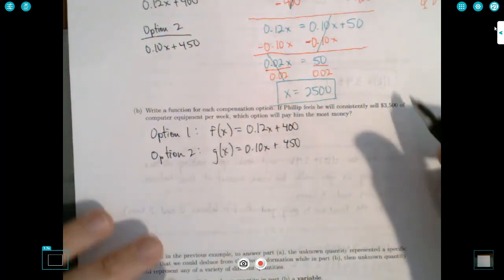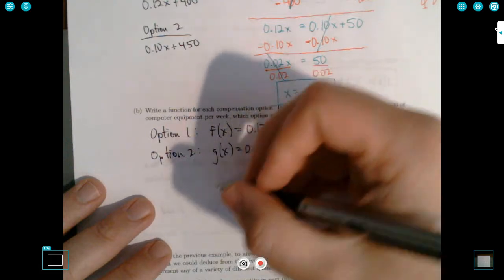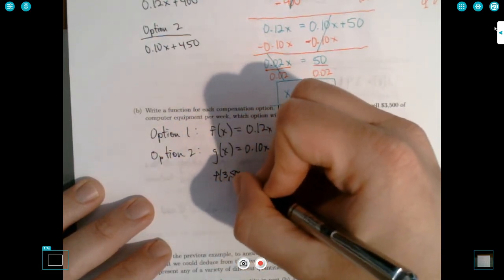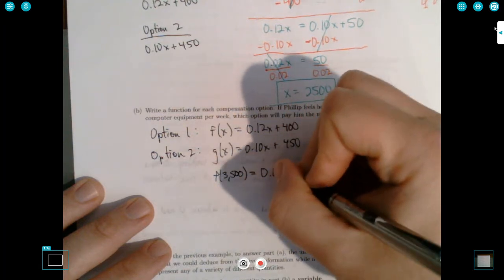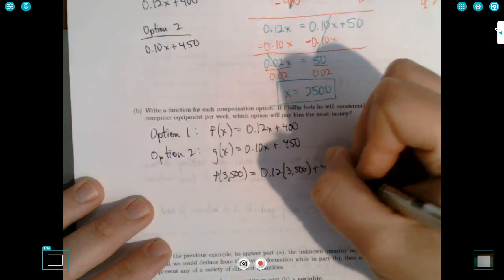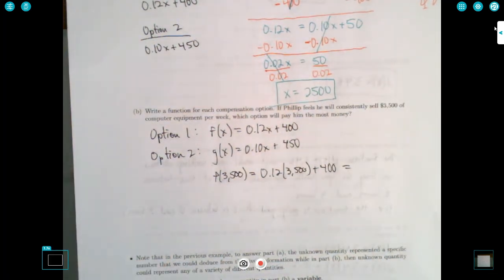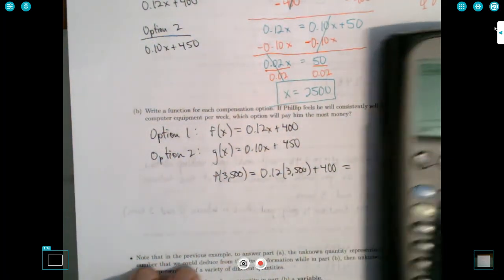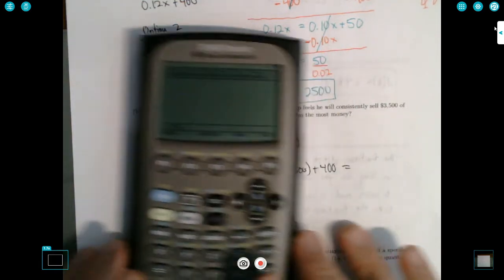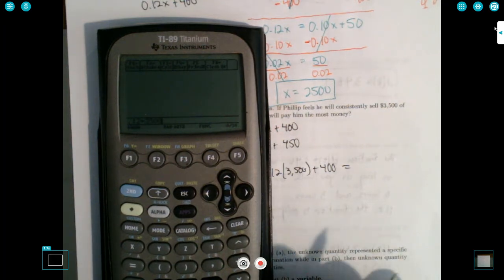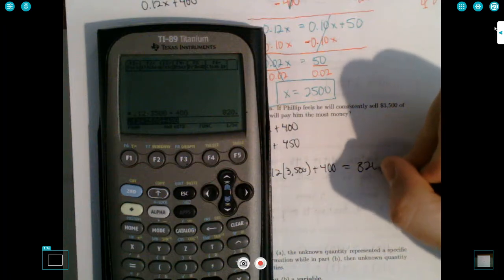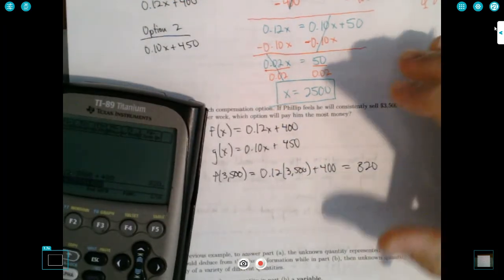But the way you would see that is by plugging in 3,500 to each of these, right? So we can say f of 3,500 equals 0.12 times 3,500 plus 400, which you can plug into your calculator, right? So 0.12 times 3,500 plus 400 is 820. Okay.